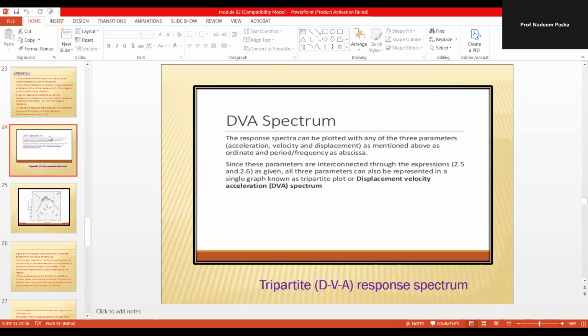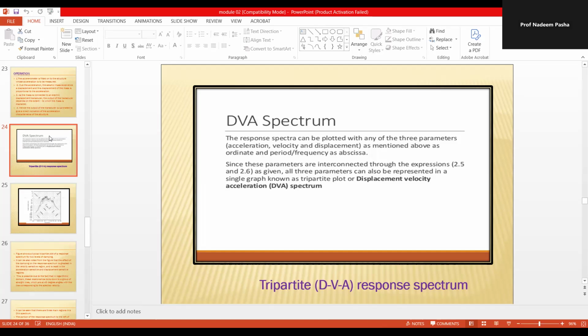Response spectrum. So, what is a response spectrum? The response spectrum can be plotted with any of the three parameters: acceleration, velocity, and displacement, as mentioned above, as the ordinate, and period or frequency as abscissa.